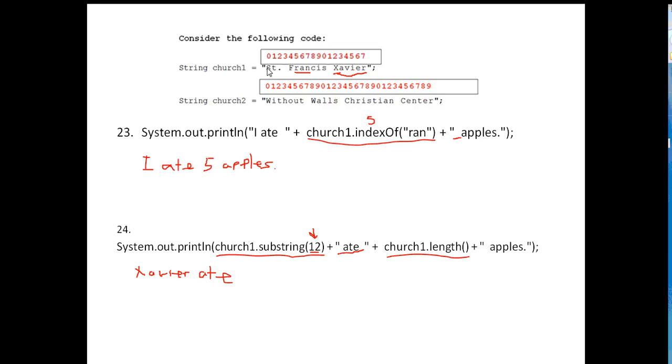We count all the characters, including spaces and punctuation marks. Essentially that's going to be 17 plus 1, so that'll be 18. So we have 18, and then the next literal string starts with a space and then apples. Alright, so that is number 24. And include a period.